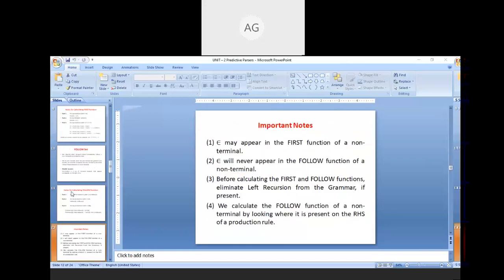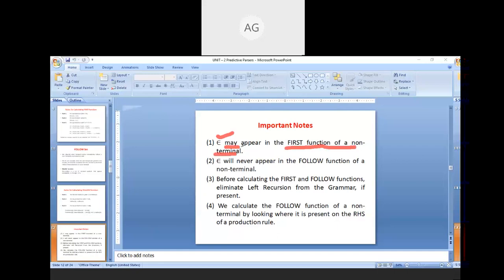But before calculating the first and follow, these important points must be noted. These types of objective questions come in your competitive exams. So just remember these important points. The first point is epsilon may appear in the first function of a non-terminal.